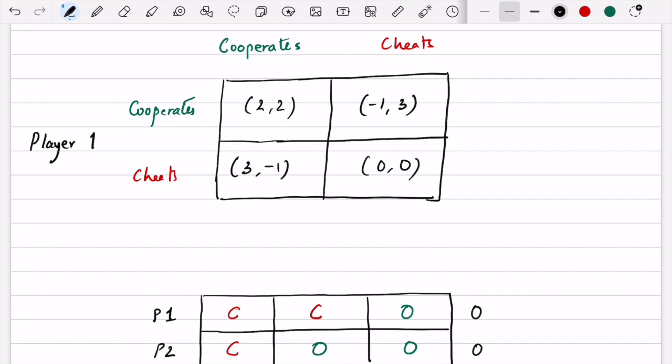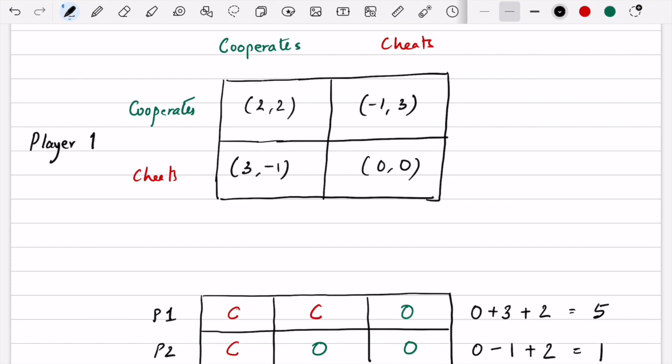In the second round, player 1 cheats and player 2 cooperates, so player 1 gains 3 points and player 2 loses 1. And in the third round, both gain 2 points. Okay, so the total payoff for player 1 is 5 and for player 2 is 1.